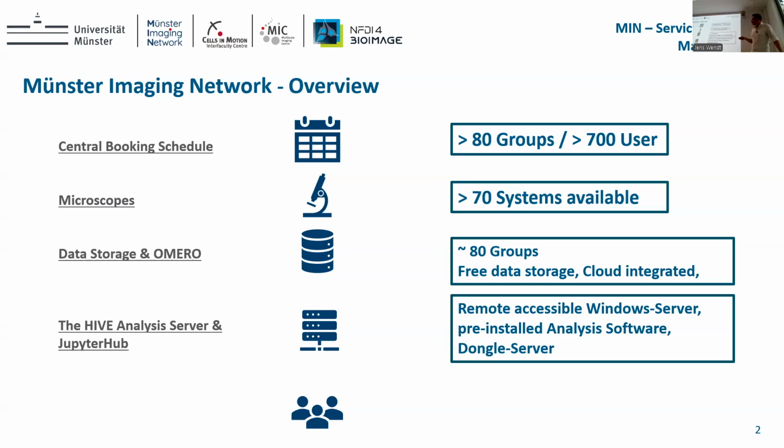We are using Omero for data storage. We also have other data storage, but for imaging data, it's mainly Omero. There we also have roughly 80 groups, but they are different from these ones. There are a lot of cooperation groups for sharing material and so on, so these are not the same groups as here. Also for courses and trainings, we are using Omero directly.